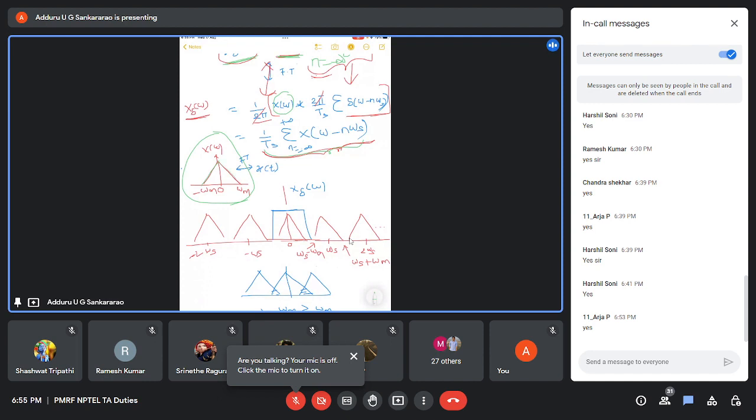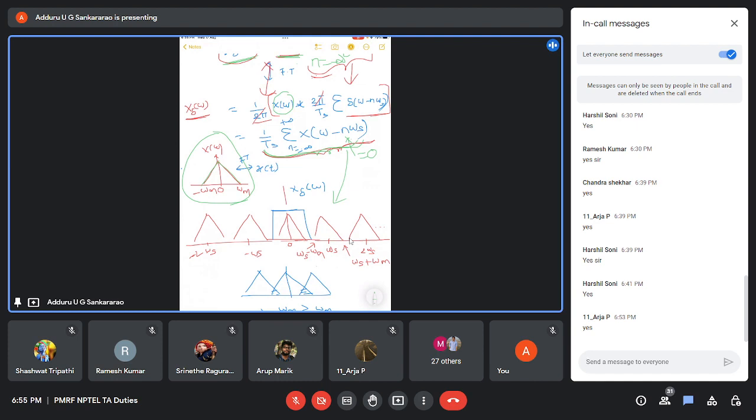Then this is a periodic signal, right? It is a train: the x of omega will be repeated again and again, shifted versions repeated again and again. When n equal to 0, it is x of omega, the green one you can see.